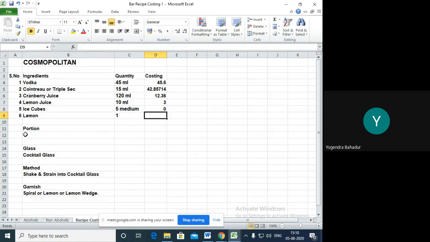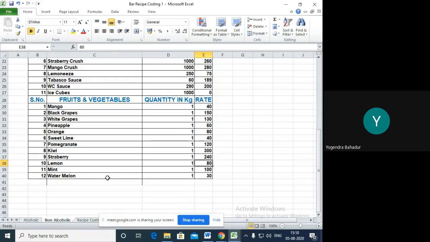If we talk about the lemon, the measure of one lemon would be around 50 gram only, and we will find the price of the lemon in the third part of our non-alcoholic section, or maybe in the second sheet. So here the price of 1 kg of lemon is 80 rupees. Here one thing we'll have to keep in mind: the quantity 1 is related to the kg, but for the calculation you'll have to take it in gram. So it will be 1000 gram.